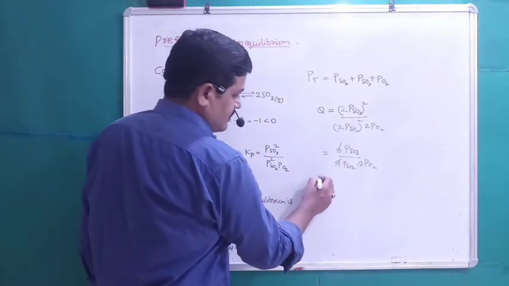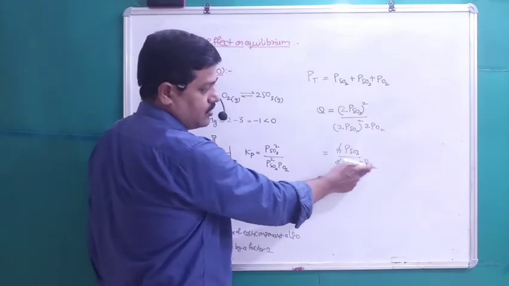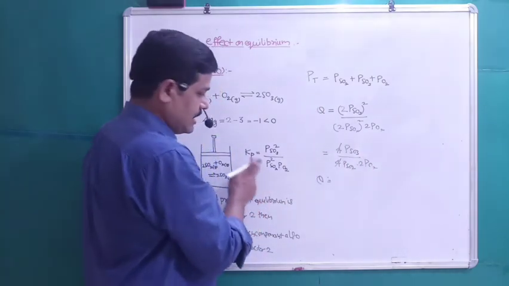So Q is equal to pSO3 squared by pSO2 squared into pO2. We can write it as Kp.